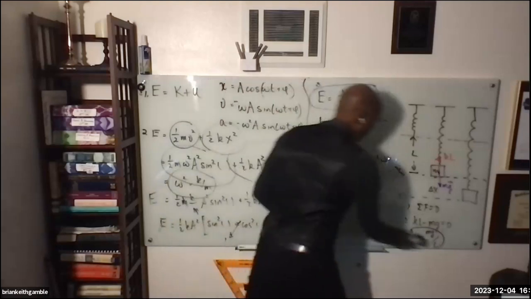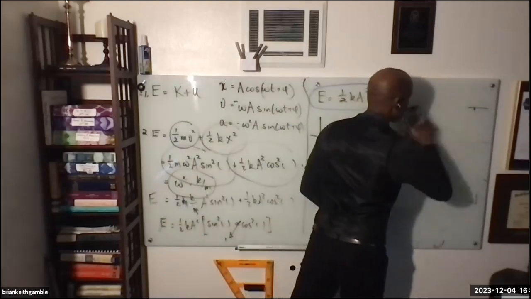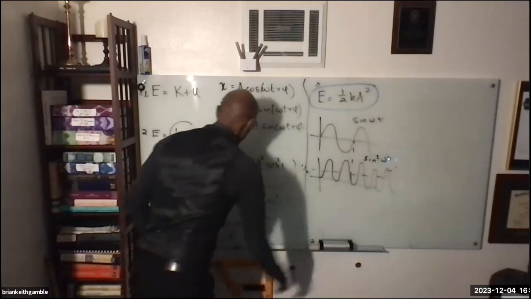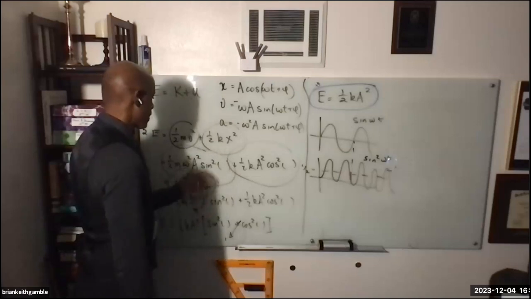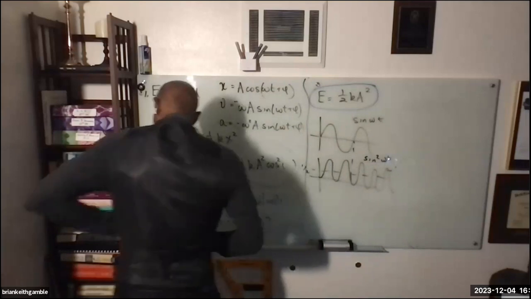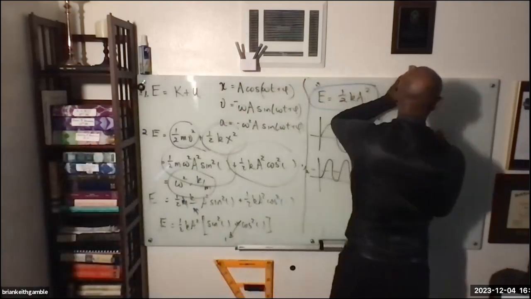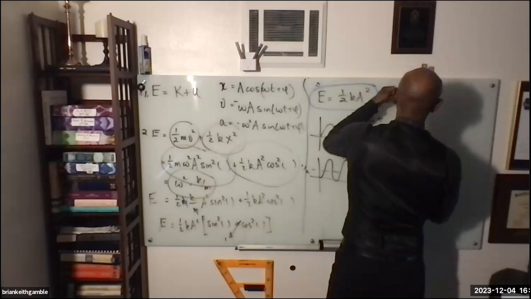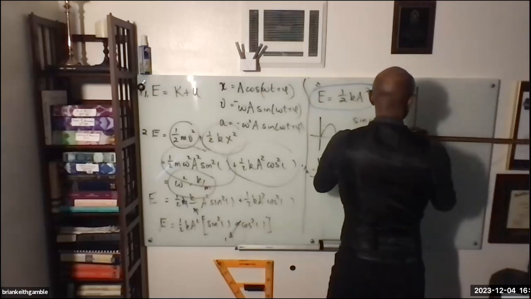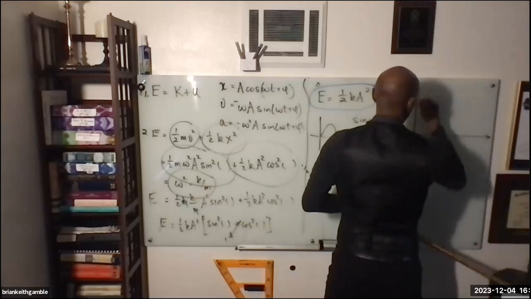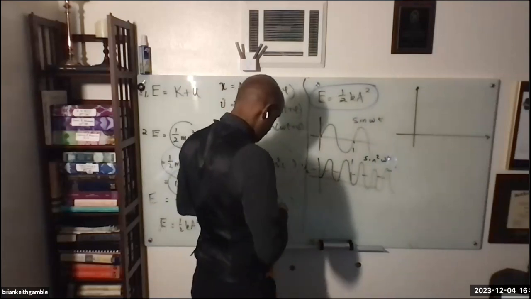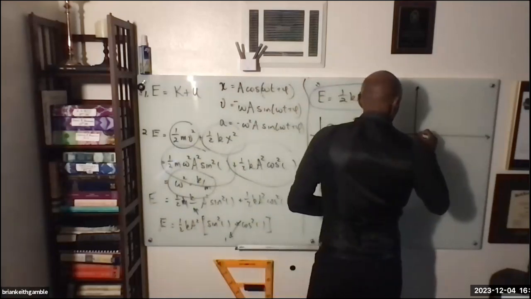With that in mind, when I graph kinetic and potential energy, I'm graphing sine squared and cosine squared on the same graph. And so that's going to look something like this. Kind of neat. So let's make blue sine squared.